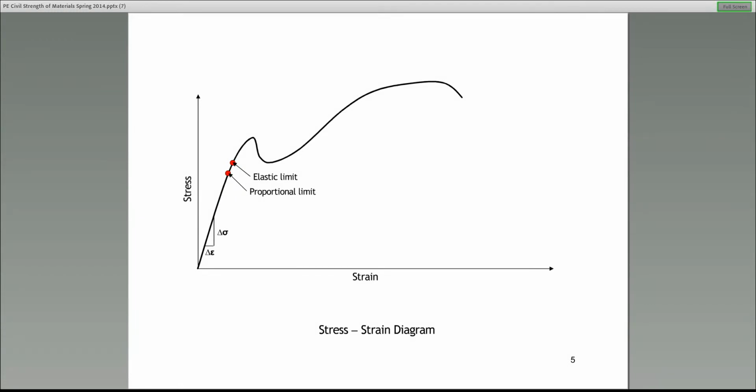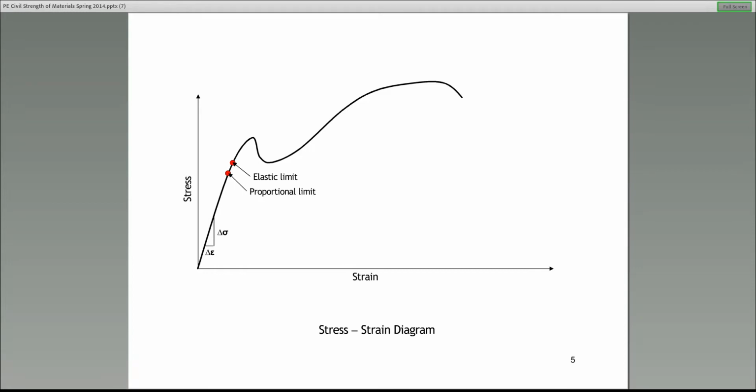And this is elastic limit. This point is called elastic limit, and the way we define this is that below the elastic limit, the material behaves elastically or in an elastic manner.